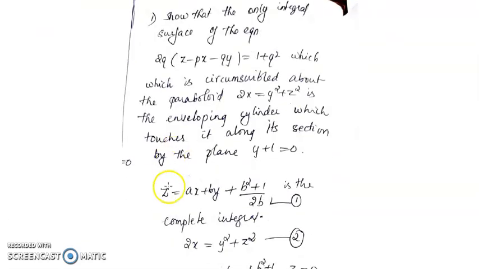Substituting in the first equation z equal to ax plus by plus b square plus 1 by 2b.